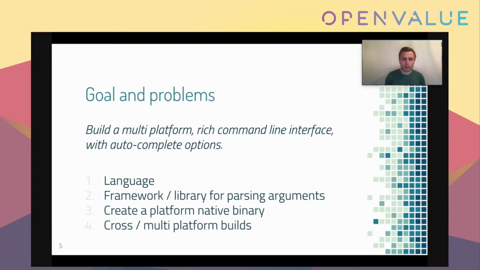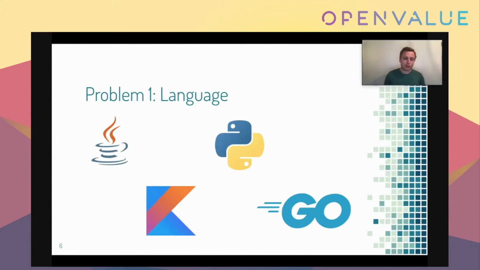So let me go to the first issue, the language. As I write a lot of Java and Kotlin, those languages first popped up, of course. However, when writing a command line interface, you often think about Python, for example, but also Golang.